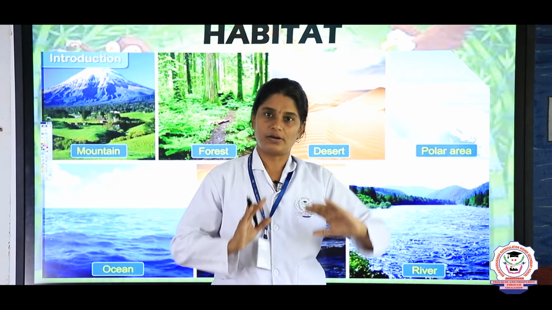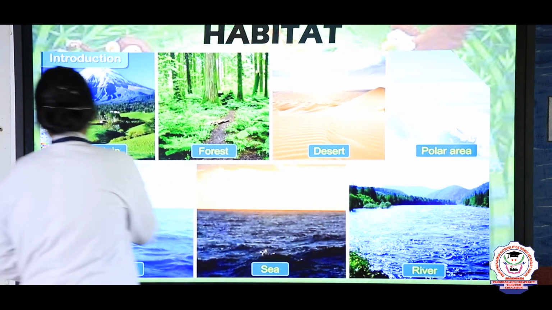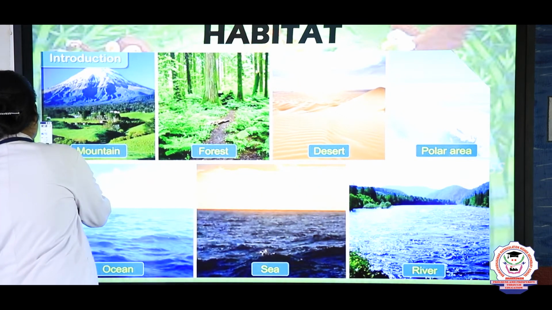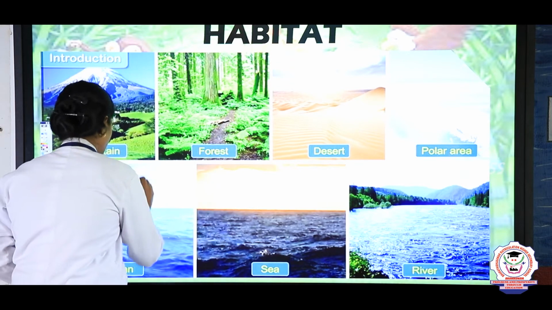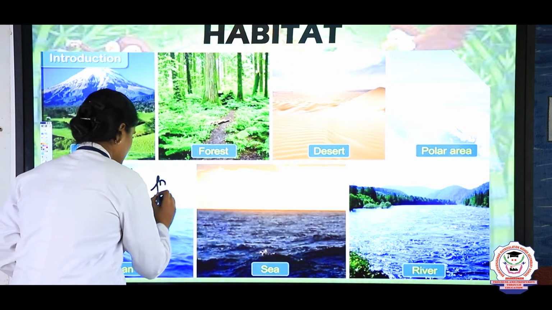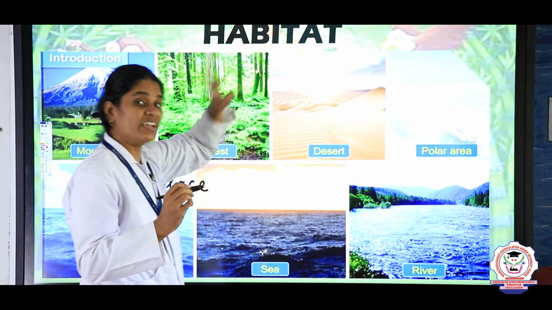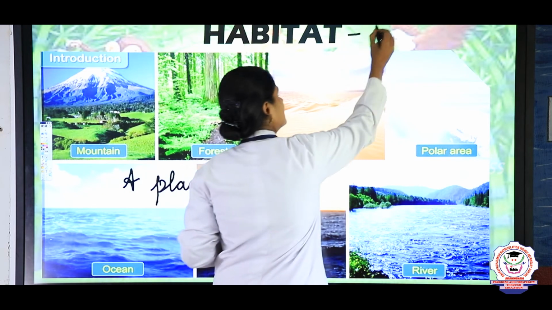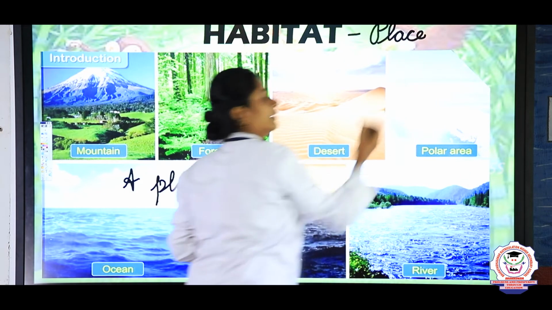So, first we will write the definition of habitat, right. Yes. So, first, what is habitat? Habitat is a place. Habitat always refers to a place, right.